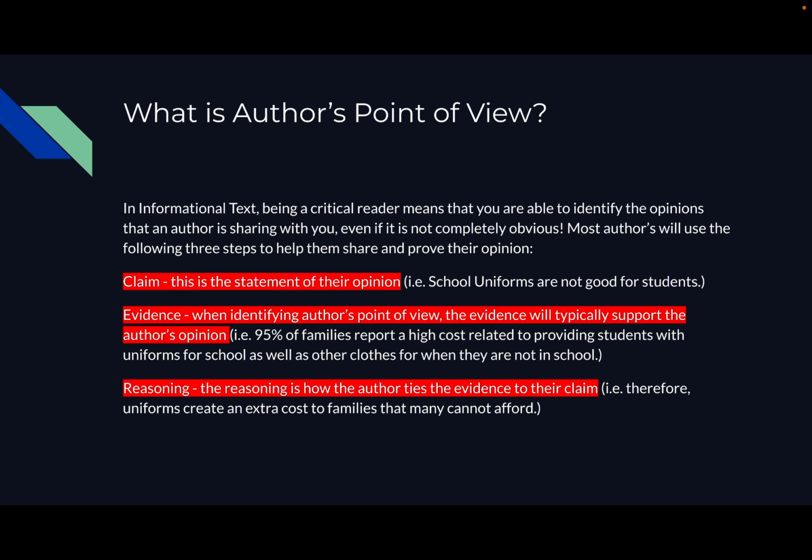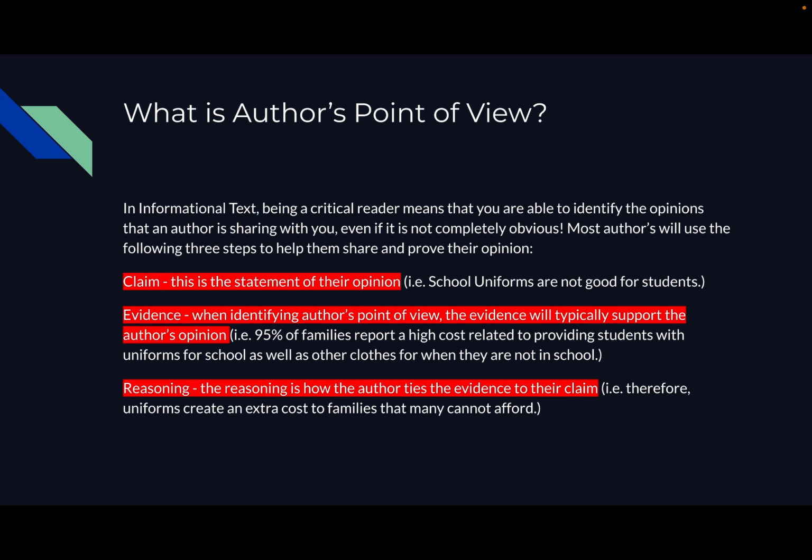To be honest, that's a fact I made up, but it's an example of a fact that you might see that would support that opinion about school uniforms. So again, go ahead and write down the definition of evidence that's highlighted in red.